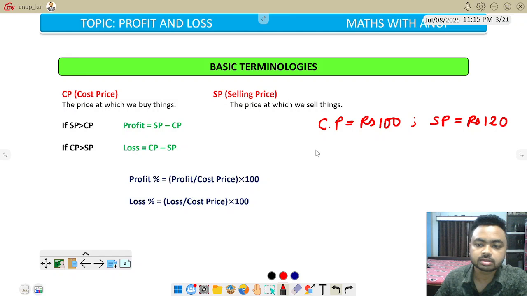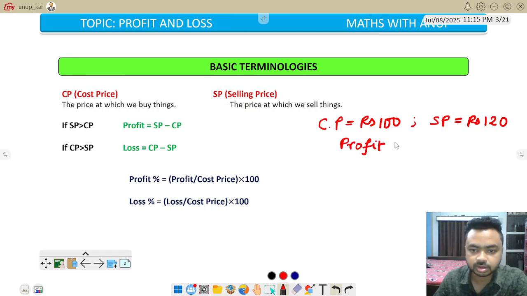Okay, so obviously I am receiving a margin of rupees 20 extra. So that margin is known as nothing but the profit. So my profit will be equal to rupees 120 minus rupees 100, which is equal to rupees 20.